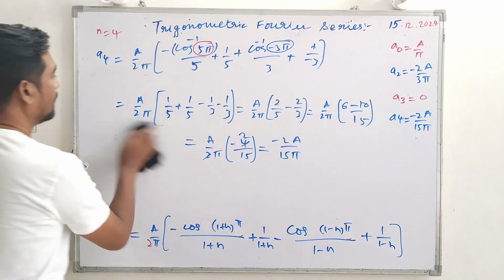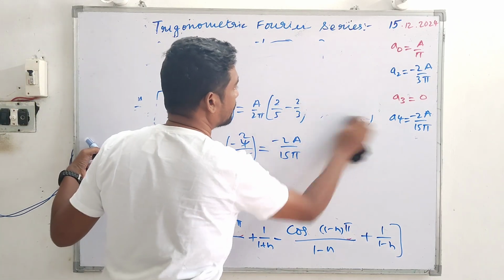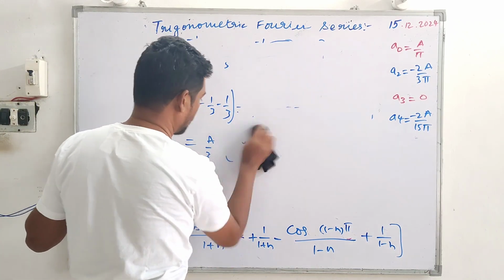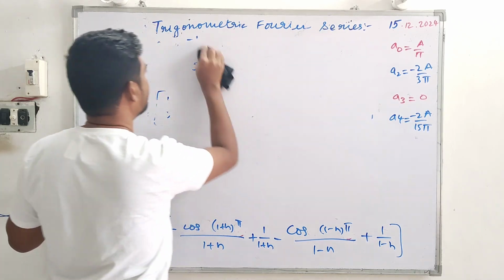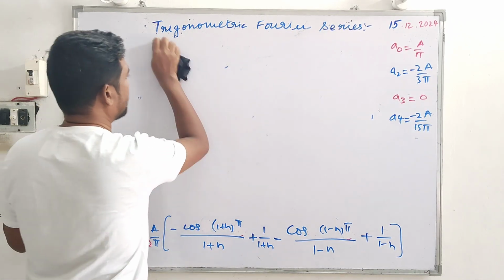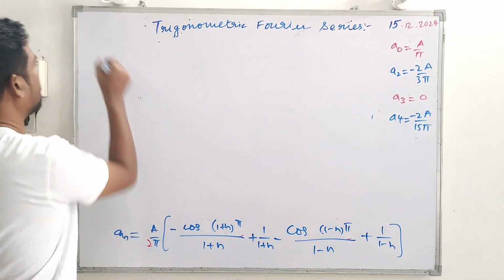Alright, so it's A4. A5 this time. This is the way we calculate different coefficients which we need to construct the trigonometric Fourier series extended. That summation A1, A2, A3, A4. A1 is also supposed to be 0, that has to be proved. Now that's A4.